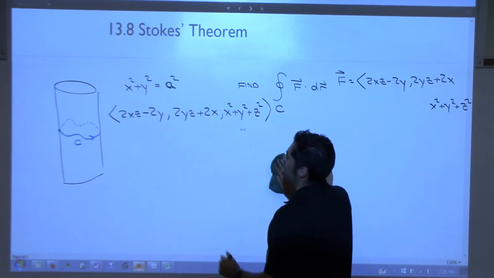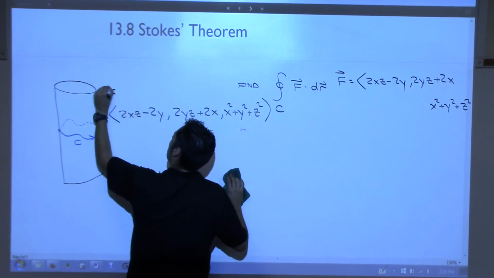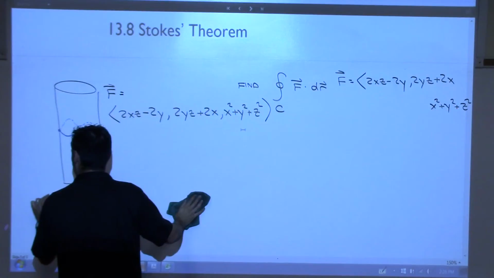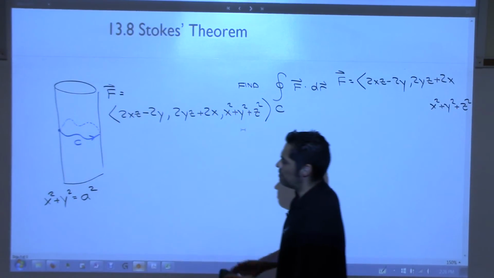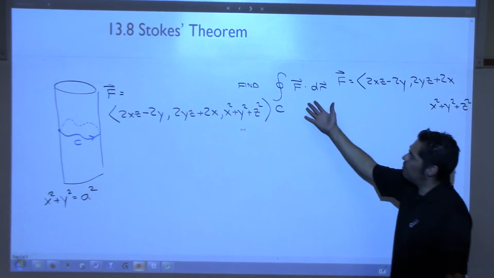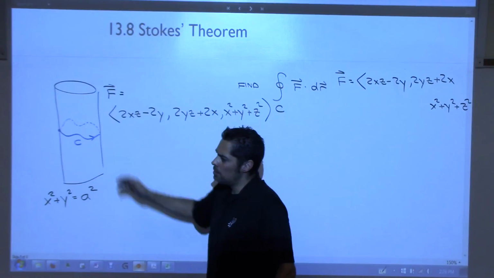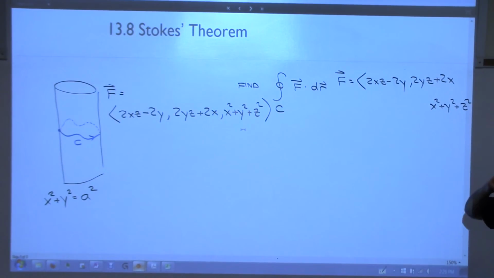That's my vector field, all right? That's F. And of course, this we said was x squared plus y squared equals a squared. A is a constant. C is that curve, right? So find the line integral over that curve with that vector field.